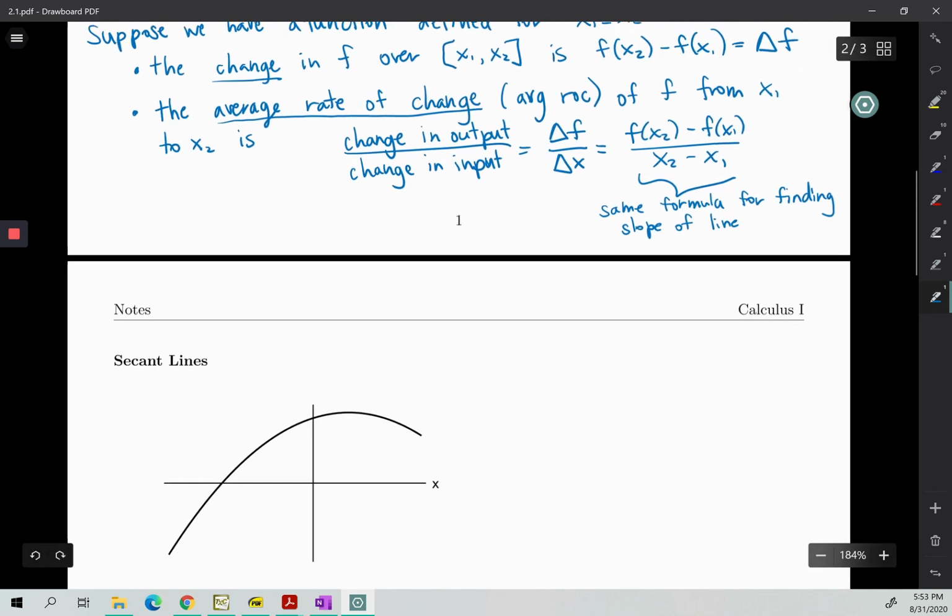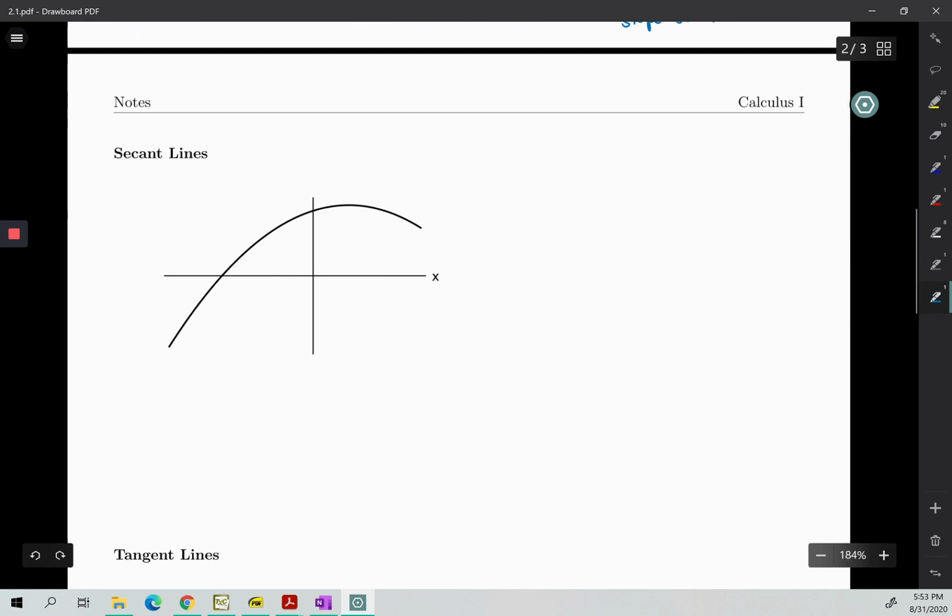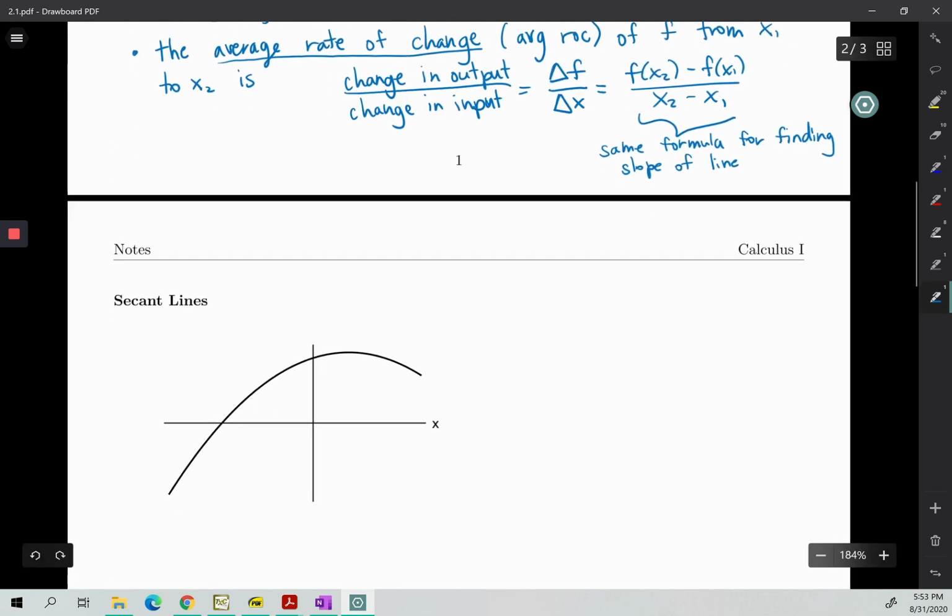Okay, so let's talk about secant lines. These are the connection between average rate of change and the slope of a line. Computing the average rate of change of a function comes down to basically assuming that your function behaves like a line. So what do I mean by that?